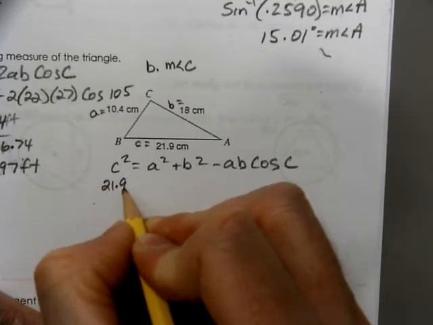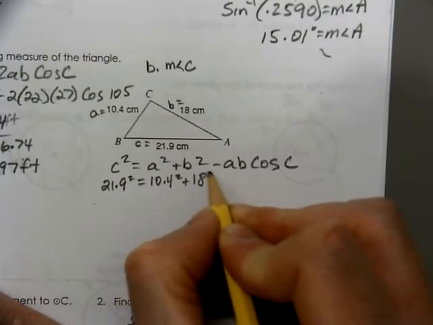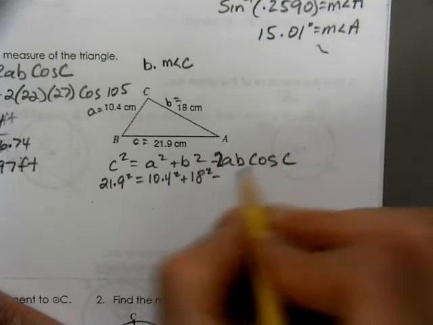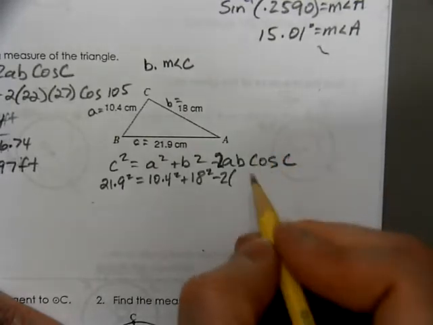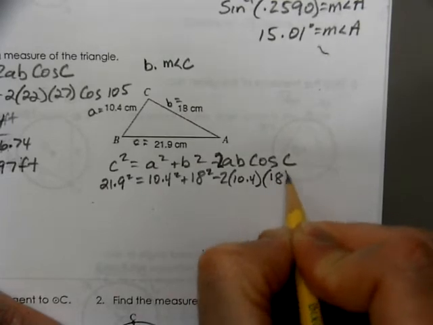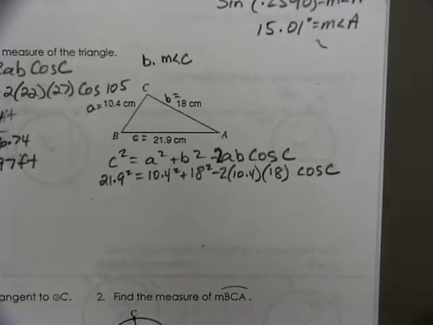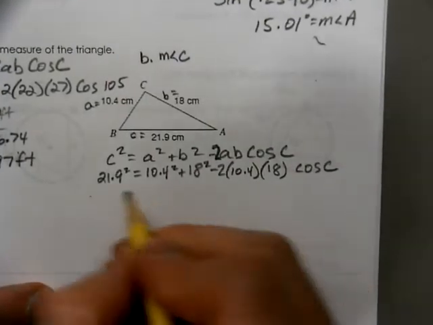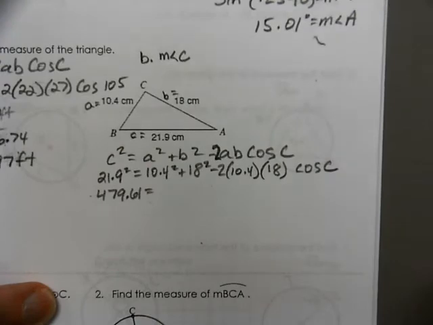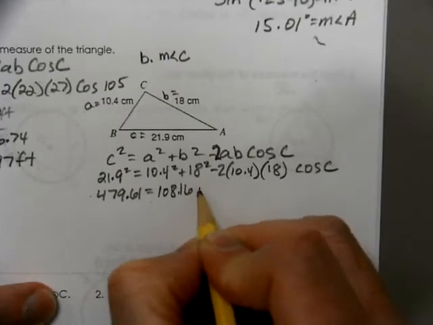So 21.9 squared equals 10.4 squared plus 18 squared, minus 2 times A, which is 10.4, times 18, cosine of our unknown C. 21.9 squared is 479.61. 10.4 squared is 108.16.